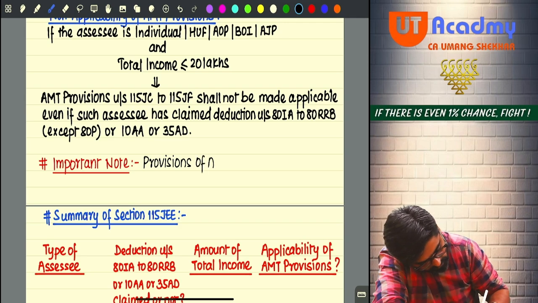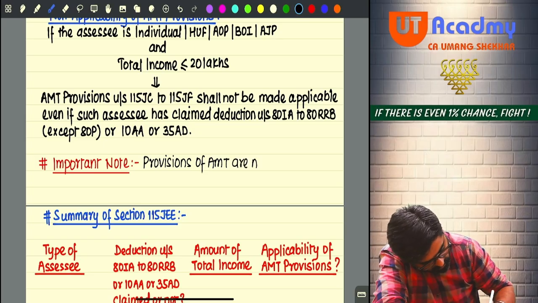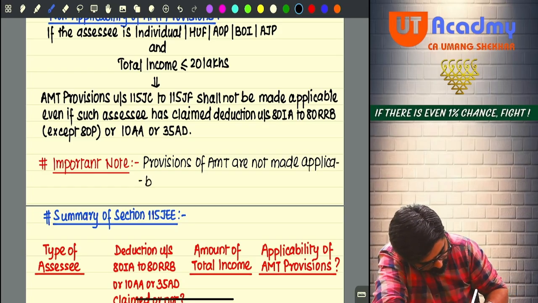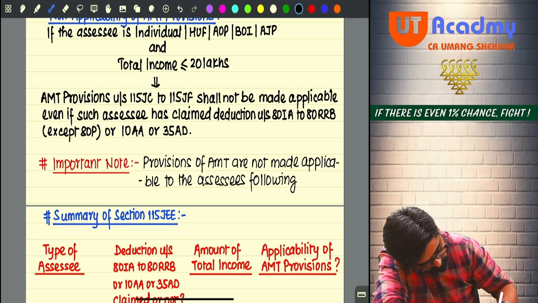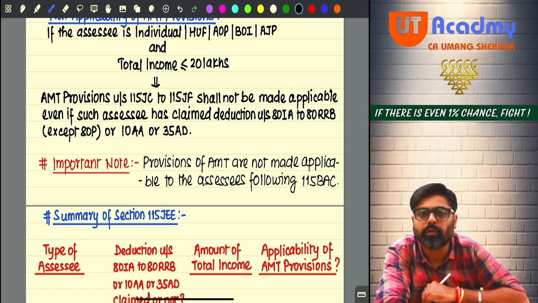Provisions of AMT are not made applicable to the assessees following 115BAC.